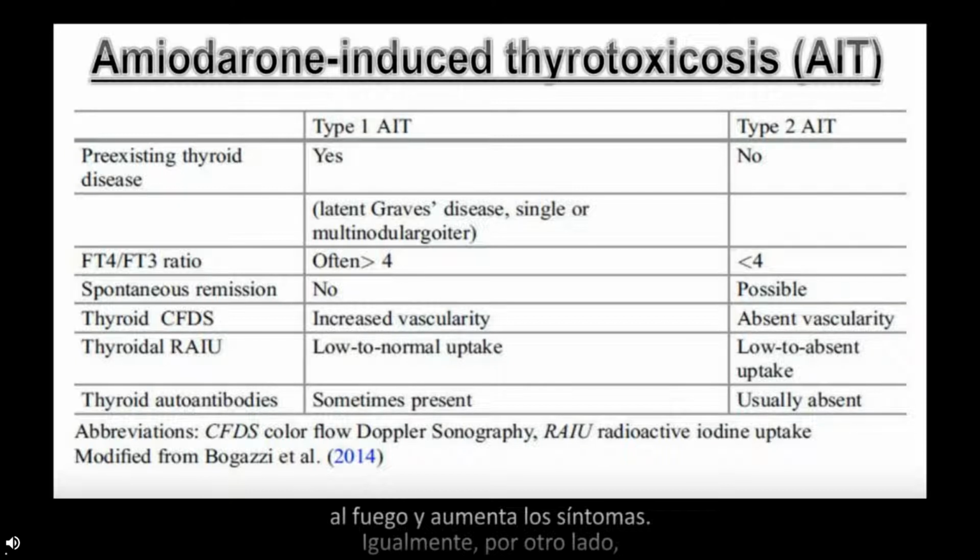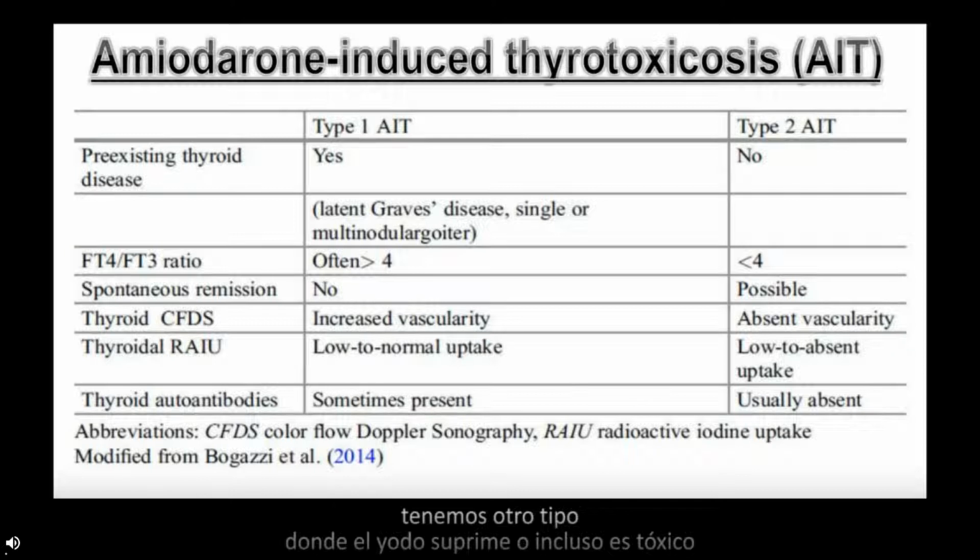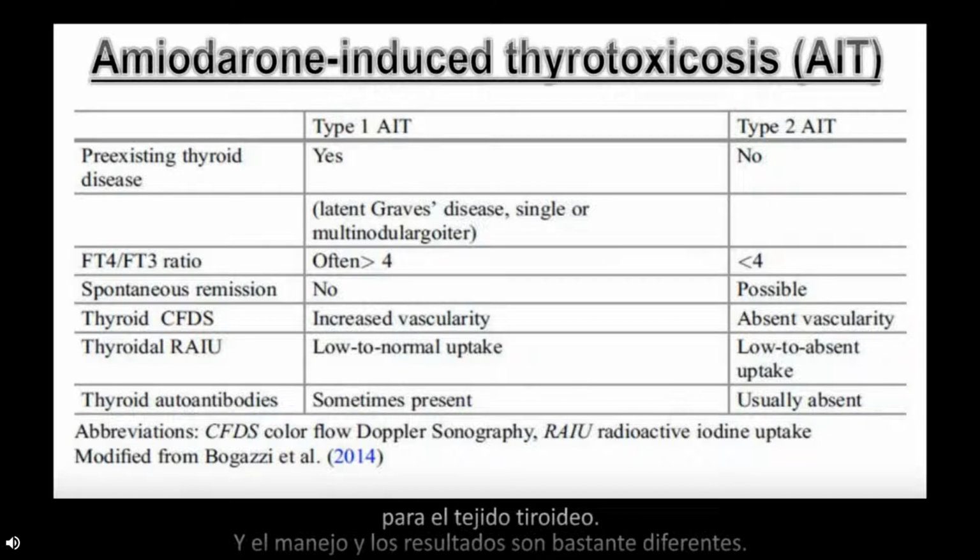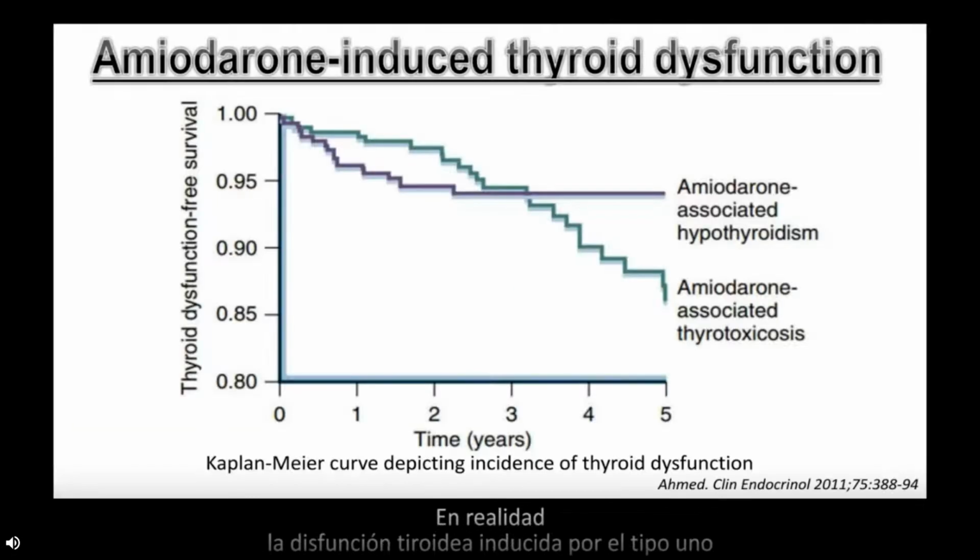Equally, on the other side, we have another type where the iodine suppresses or even is toxic to the thyroid tissue. And the management and outcomes are quite different. In fact, the type 1 induced thyroid dysfunction is more difficult to treat compared to the type 2.